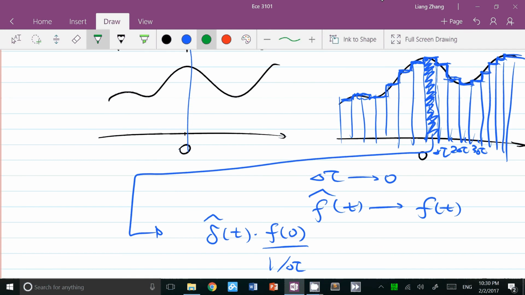For instance, if I want to find the second rectangle, what do I do? It's actually the same delta hat, but shifted to the right, so t minus delta tau, by this amount of distance. And I don't want the amplitude of 1 over delta tau. I want the height equal to the curve evaluated at delta tau. So this will be the second rectangle. I can move on to the third one.